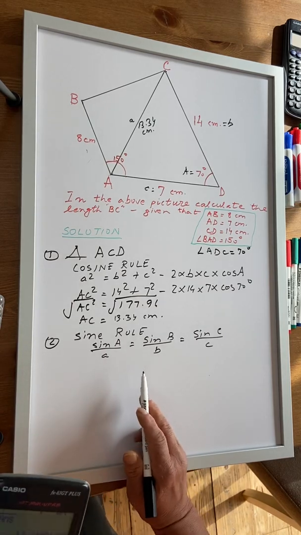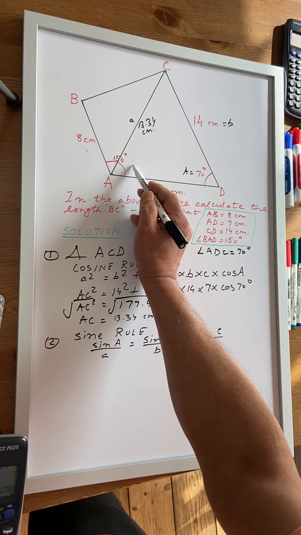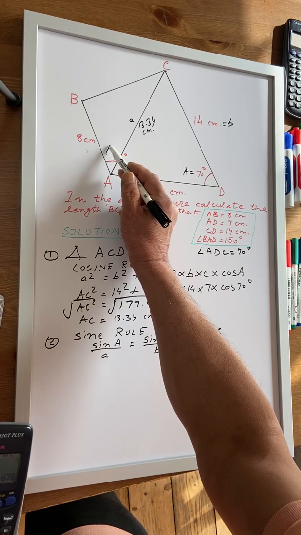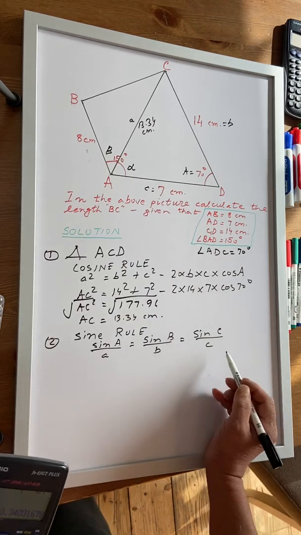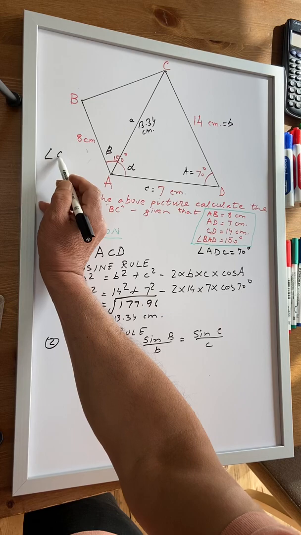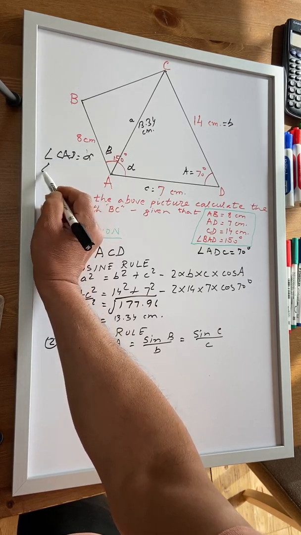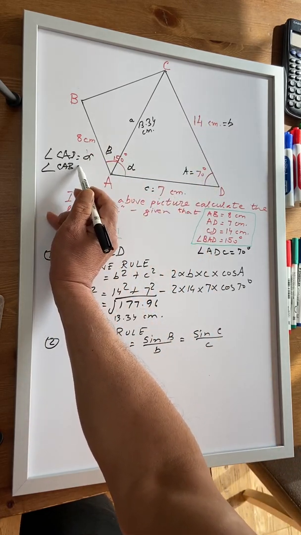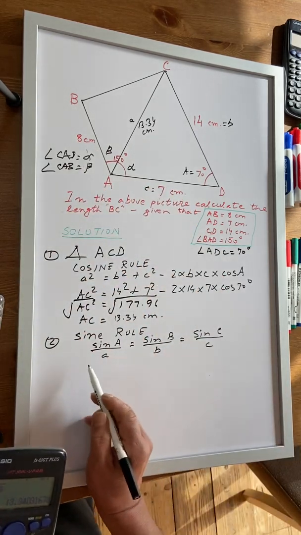Now let's imagine this angle here as angle, say, alpha, and this angle here as beta. So I am talking about this angle, which is angle CAD. CAD is our alpha, and angle CAB as our angle beta. So we will use these in our formula here.